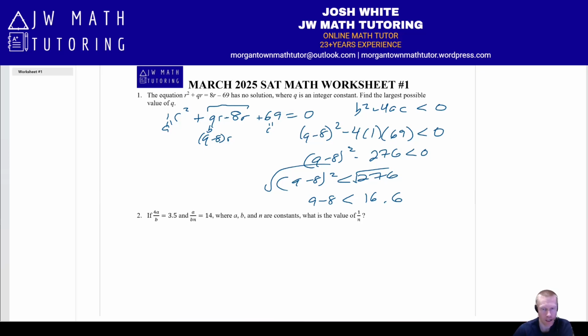So really, you want the values to end up being between negative root 276, or 16.6, and positive root 276, or 16.6. So in other words, on a number line, here's the root 276, here is the negative root 276. Basically, the q minus 8 values are going to be everything in between here.